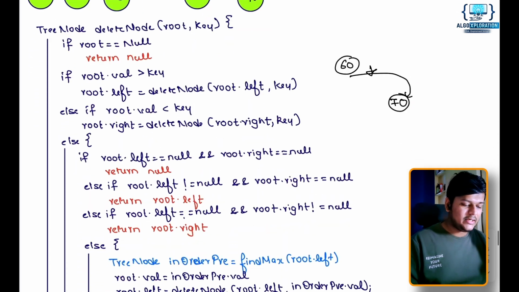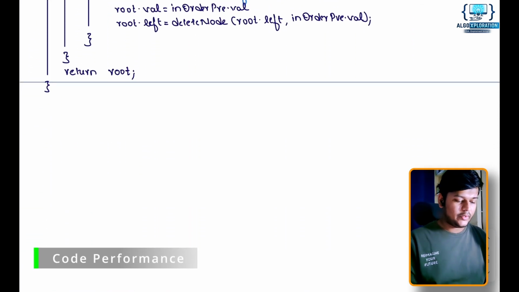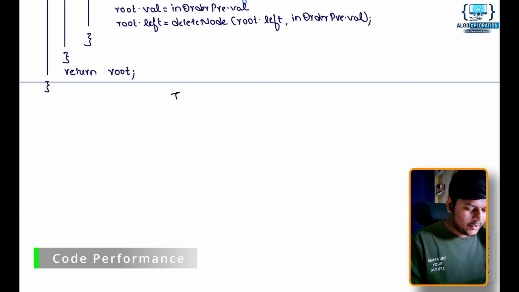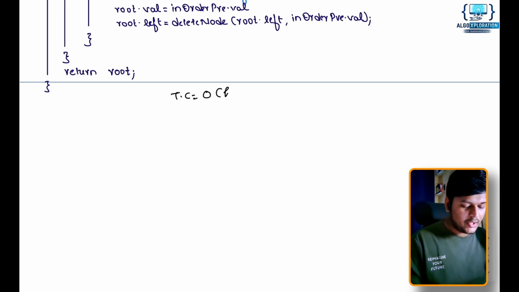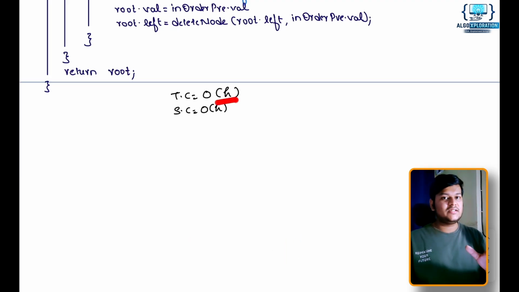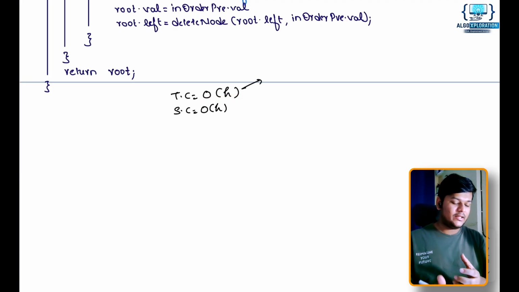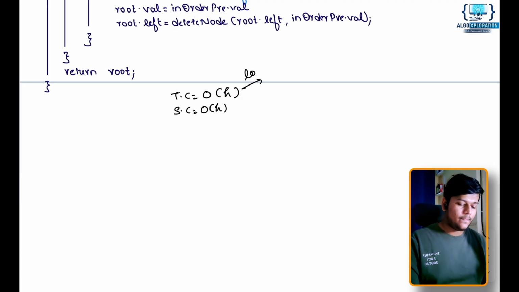Now talking about the performance of this function, the time complexity will be order of h, and the space will be order of h only. What is order of h? It is nothing but the height of the tree. The variation will be two. If we have a balanced tree, then it will be log n.